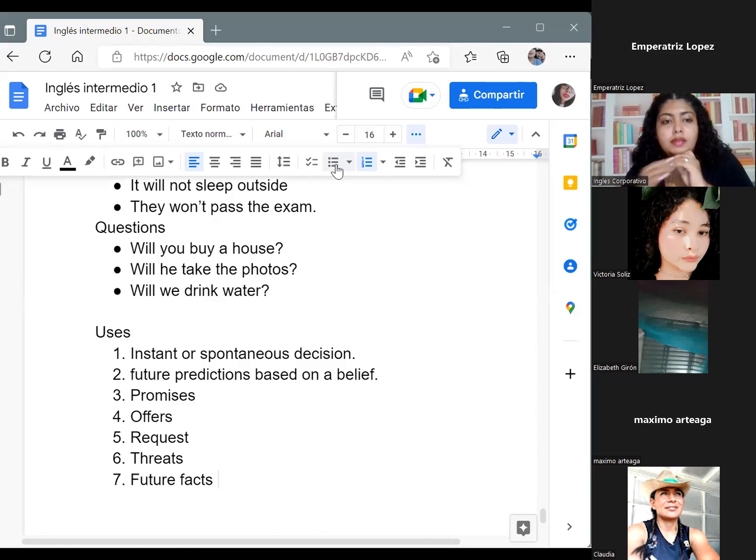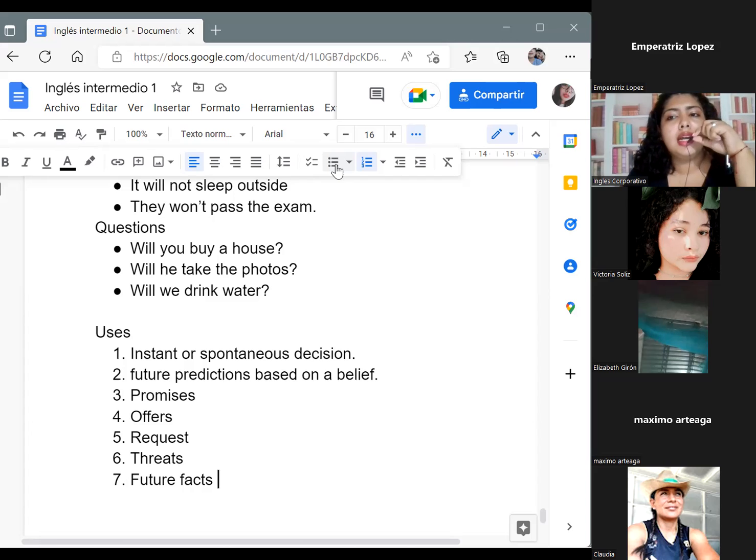And we are going to have a short exercise in this case, in which we're going to use the simple future. So for this exercise, you need to think about some sentences using will.